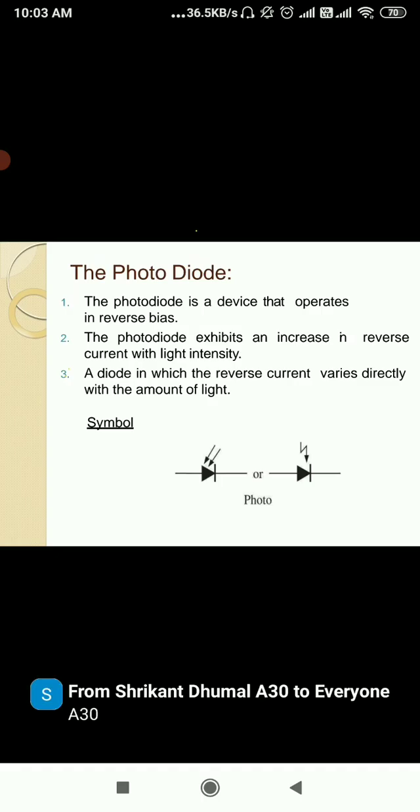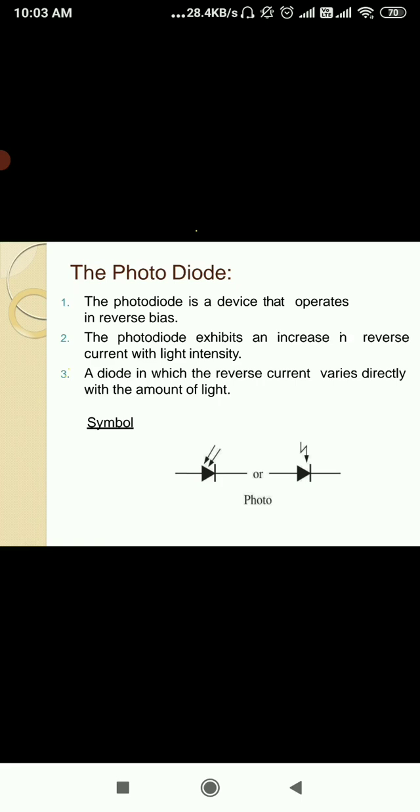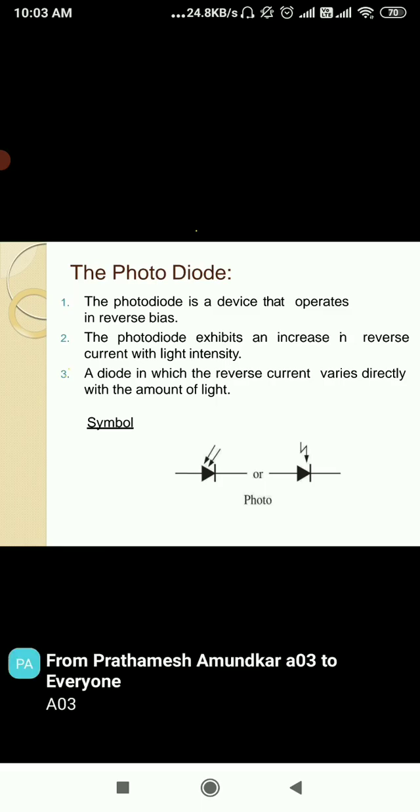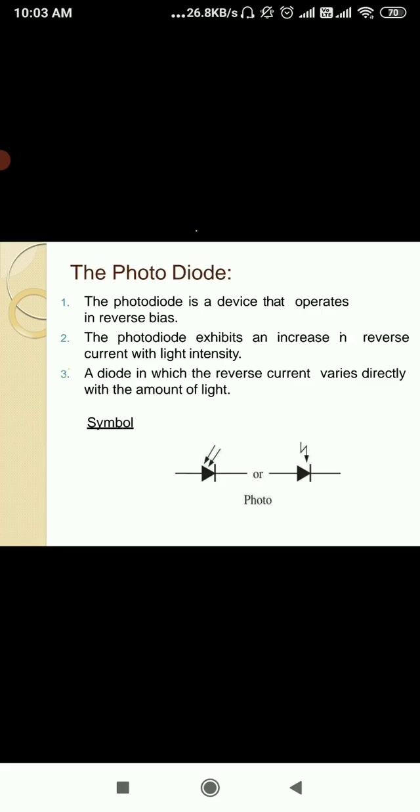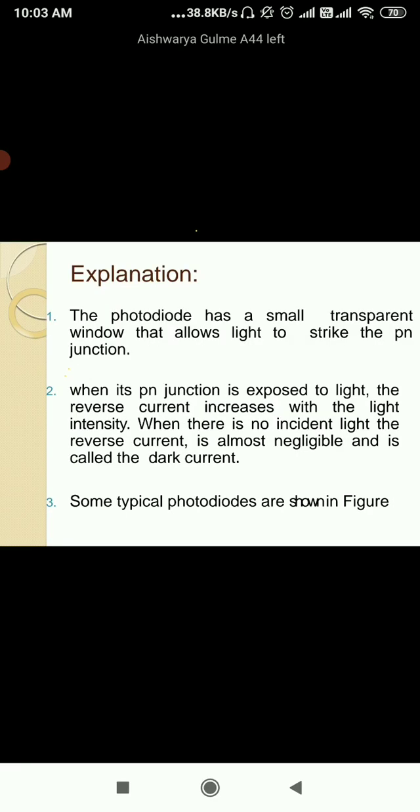After that, what will happen? If the photodiode is in reverse bias, then with an increase in intensity of light, you will get an increment in current. This is the working principle of a photodiode.